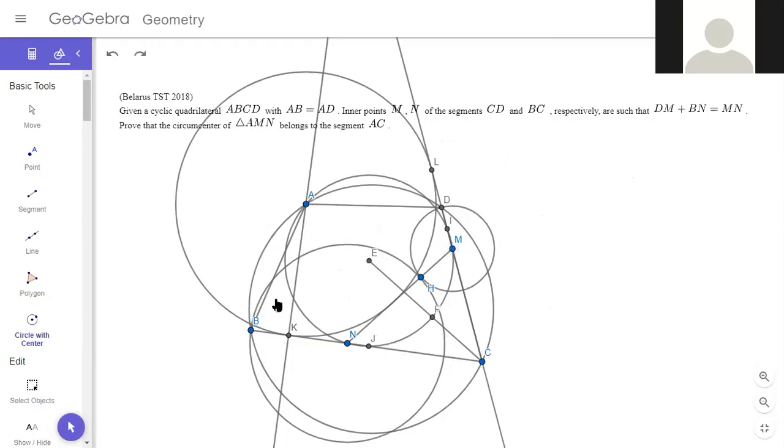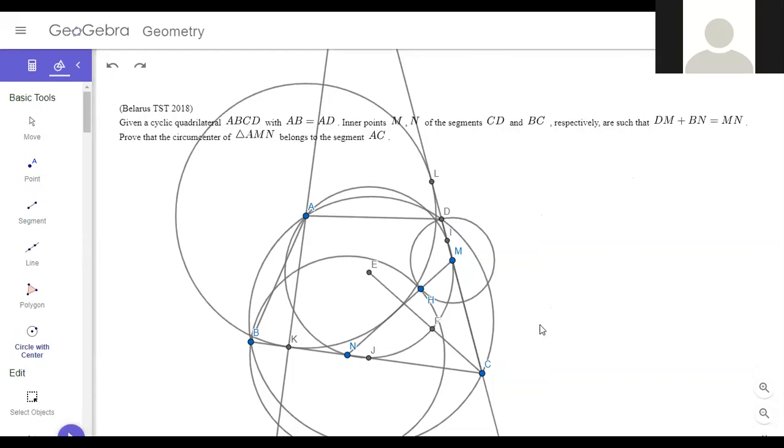But if the problem were true, BK would be equal to DL. BK would be equal to DL. And oh, NB, I'm sorry. I think that would be true if the problem were true or correct.